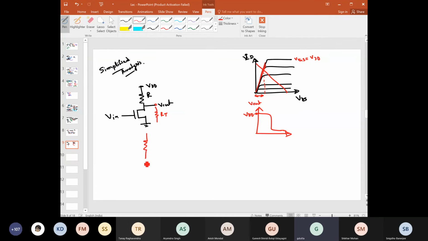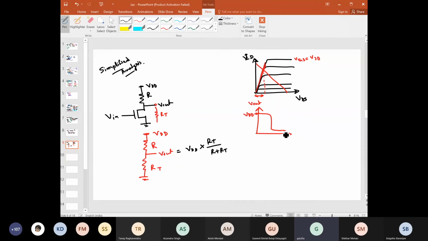then you can very simply say that this is R and this is RT, this is V out, this is ground, this is VDD. So then what is V out? Right? Okay.